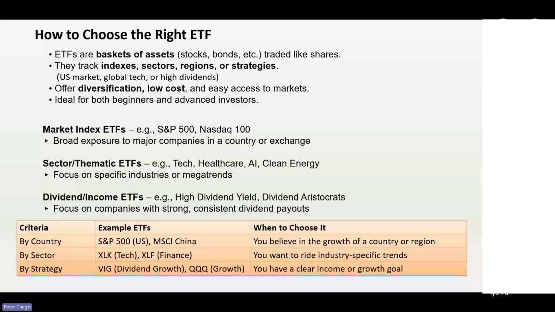ETFs track indexes, sectors, regions, or strategies. There are those that track US markets, those that track global tech, and there are those which track high dividend stocks. So when you buy an ETF that tracks high dividend stocks, it means you'll be receiving dividends. ETFs also offer you diversification.